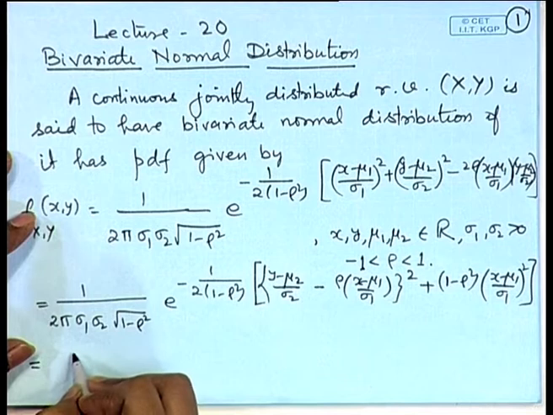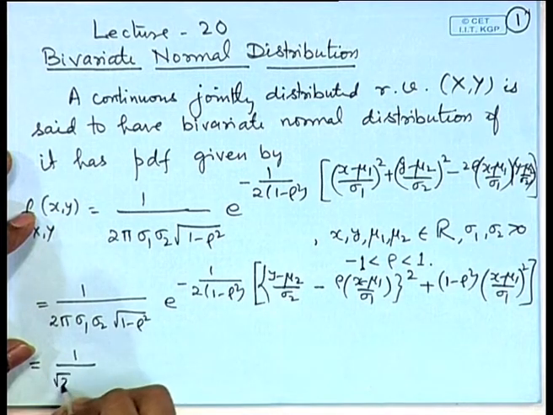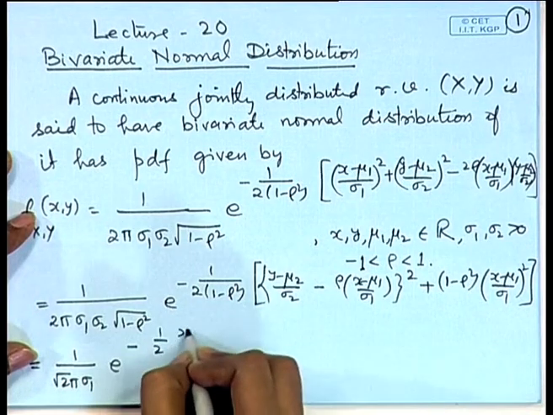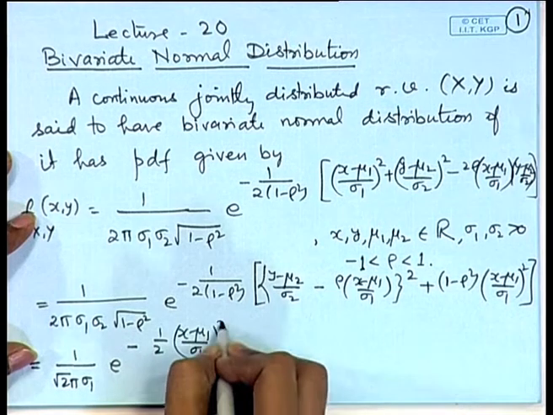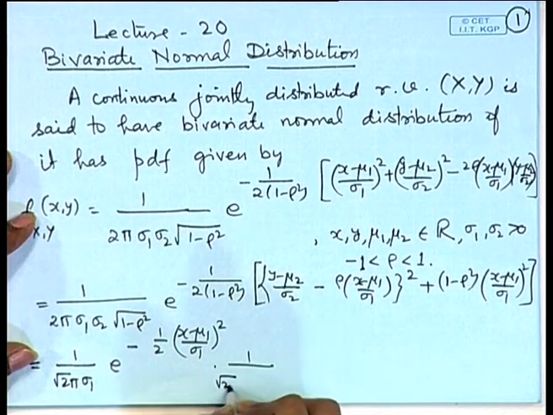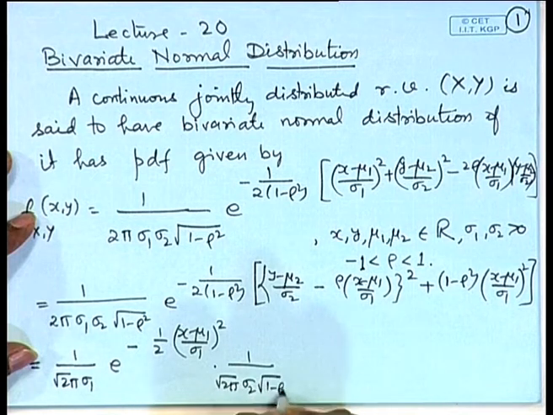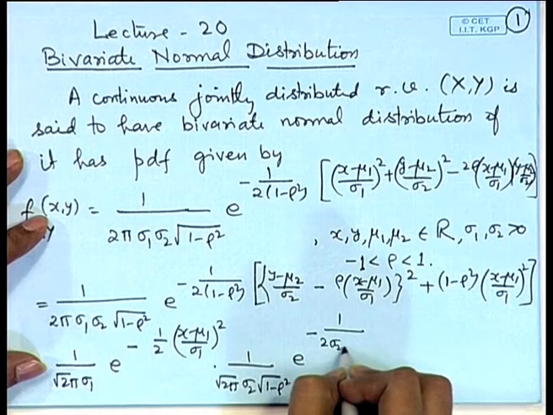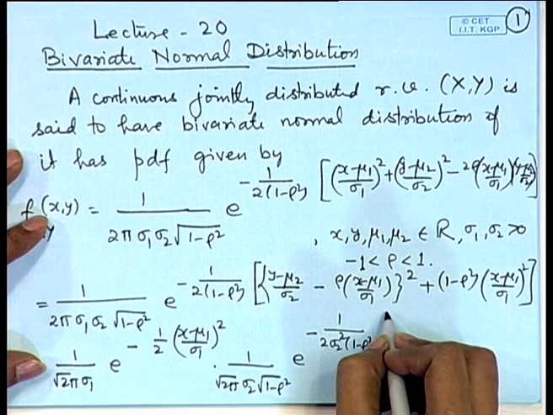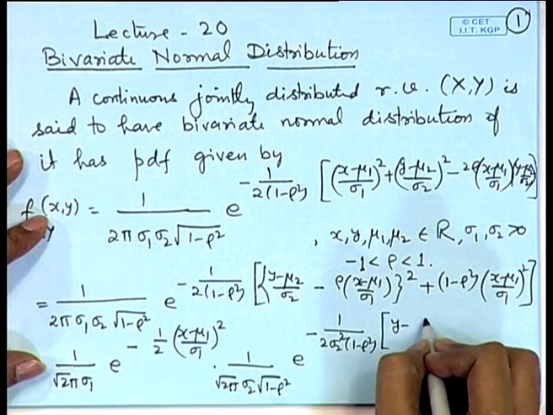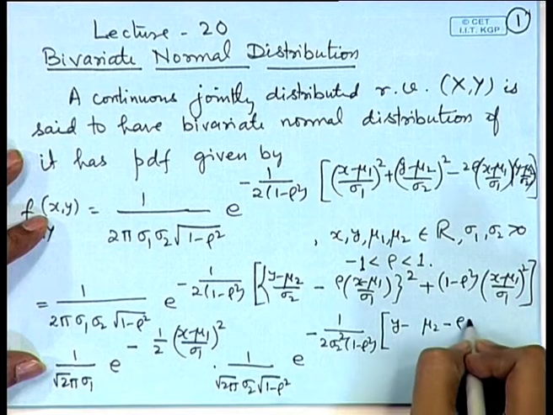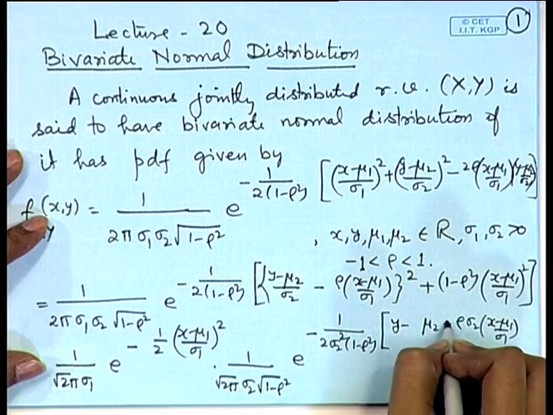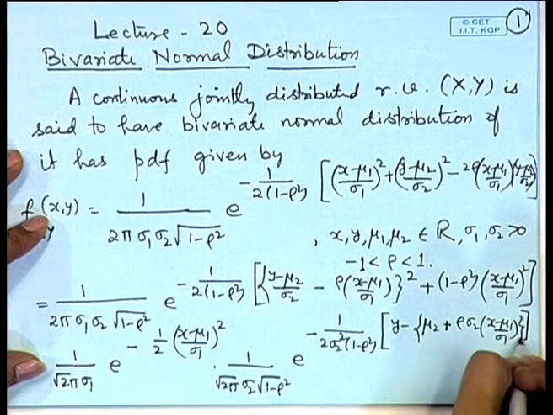which we can write as 1 by root 2 pi sigma 1, e to the power minus 1 by 2 (x minus mu 1 by sigma 1) square, and 1 by root 2 pi sigma 2 root 1 minus rho square, e to the power minus 1 by 2 sigma 2 square (1 minus rho square), into (y minus mu 2 minus rho sigma 2 (x minus mu 1) by sigma 1) whole square.